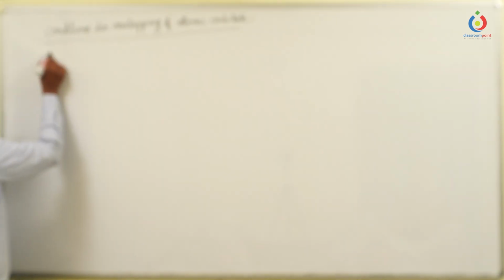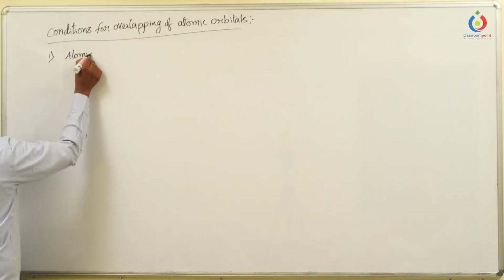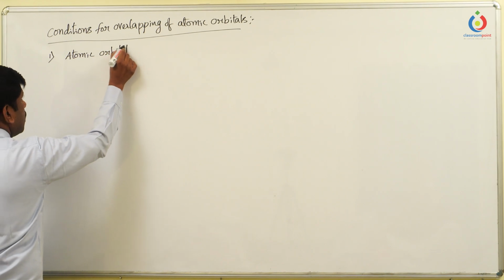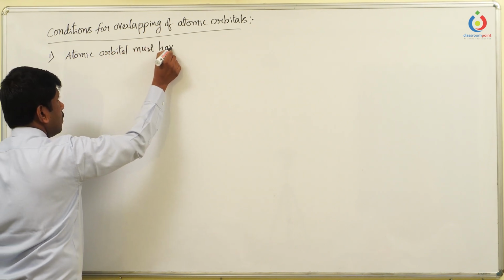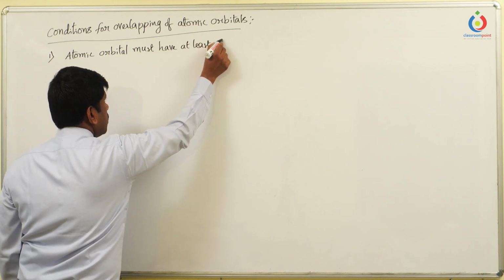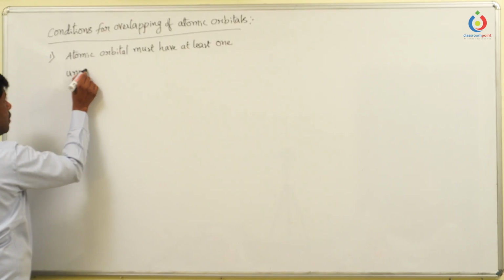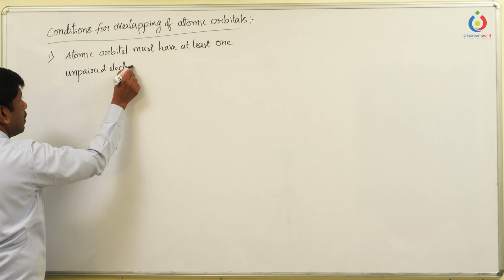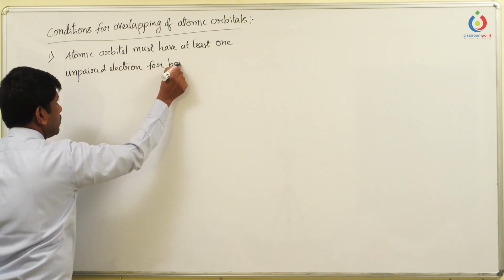The first condition is that the atomic orbital must have at least one unpaired electron for bond formation.